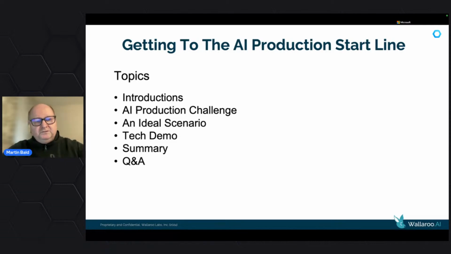So we'll kick off with some introductions. We'll go through some of the challenges that data scientists and MLEs experience in the pre-production stage to get to the production start line. We'll talk about an ideal scenario. It's not the ideal scenario.